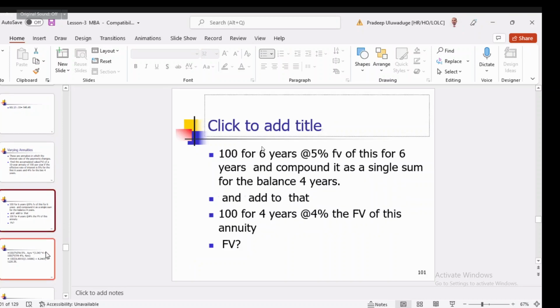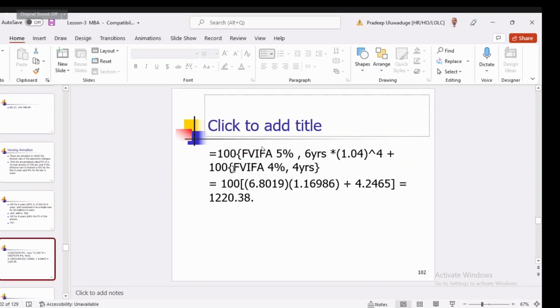Yes, so let's calculate. 100, this is for the first 6 years, future value interest factor annuity at 5% for 6 years. Right? And this has to be compounded for 4 years at 4% in the future. And the balance 100 at 4 years, future value for 4 years.